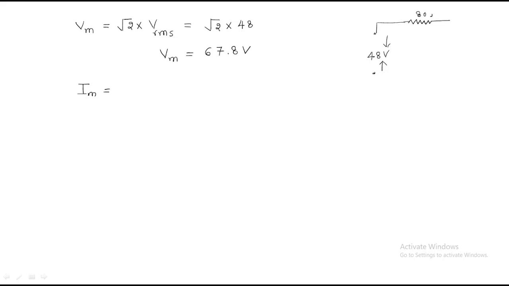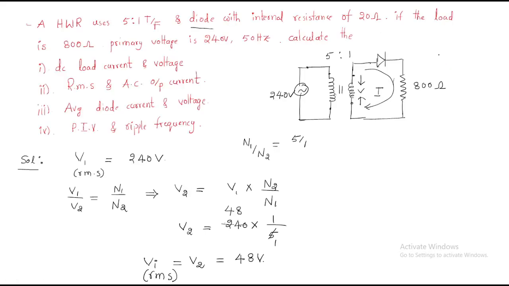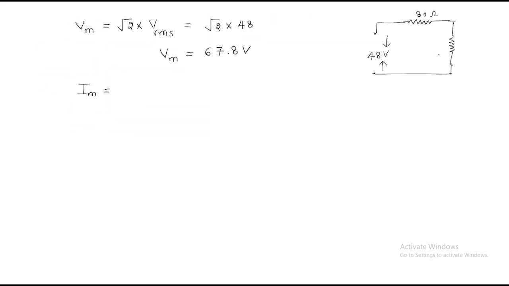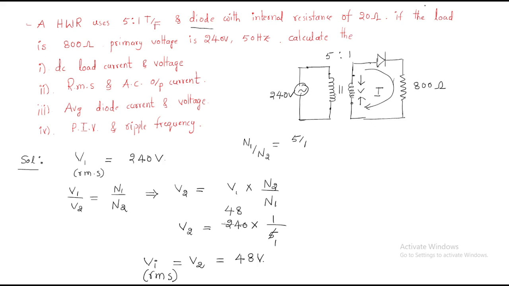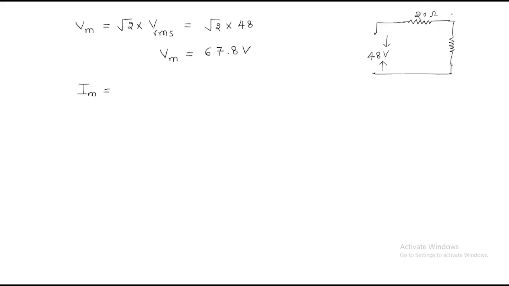That value is given as 20 ohms, and the load resistance is 800 ohms. By using this we could find the RMS current.